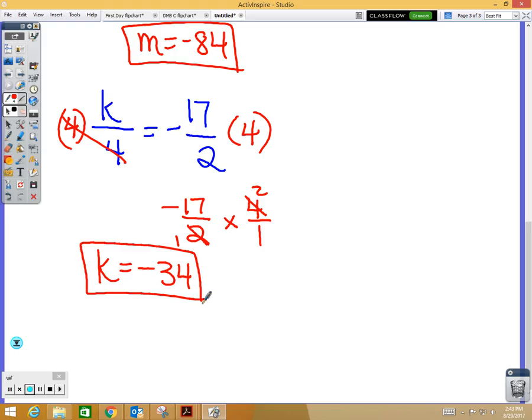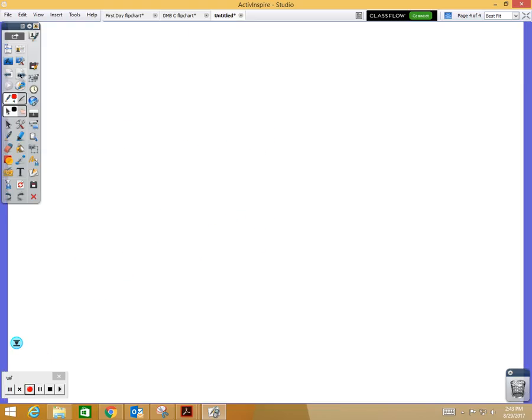Alright, we have one more type that I want to do before we move on. If you were multiplying your variable by a fraction, like in this problem here, to get rid of multiplying by a fraction, you would divide by it, which would be multiplying by the reciprocal. So again, you're going to multiply by the reciprocal.